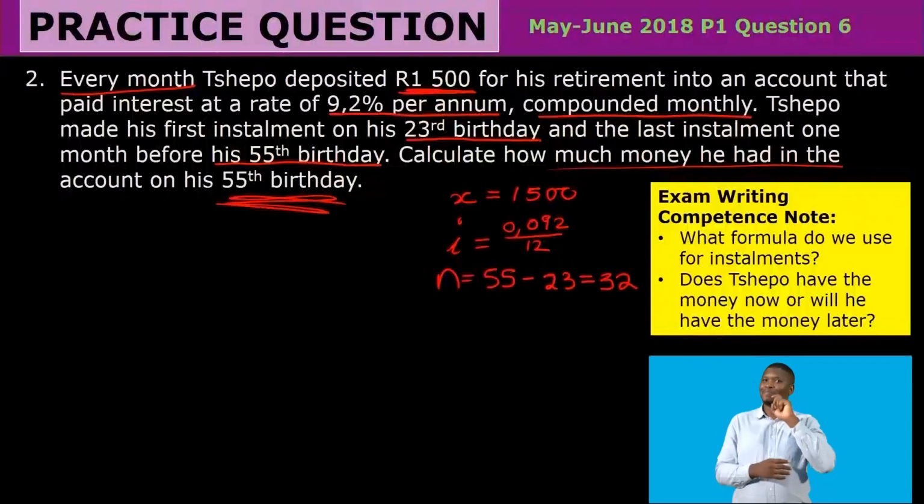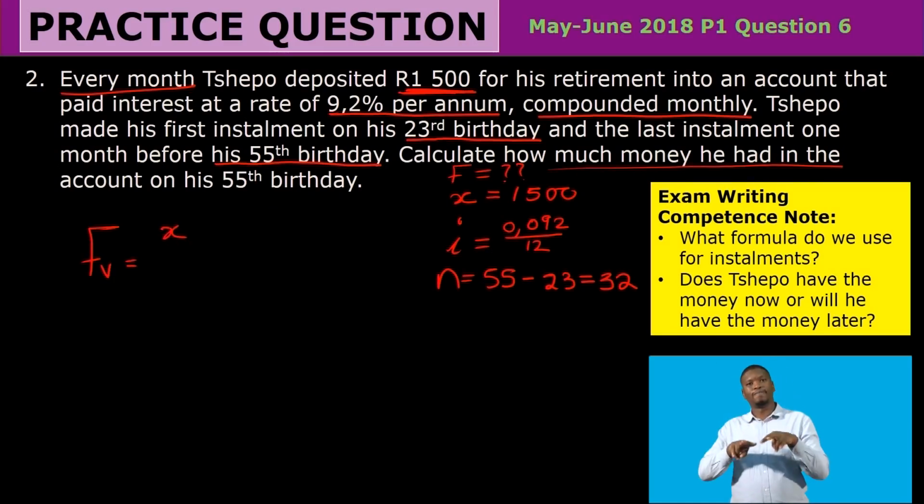When he opened the account, he did not have that money. But now in 32 years' time, what happened? He had that lump sum of money. So that means we are working with a future value, of which right now we don't know what it is, but we do know that we are going to use the formula for the future value.